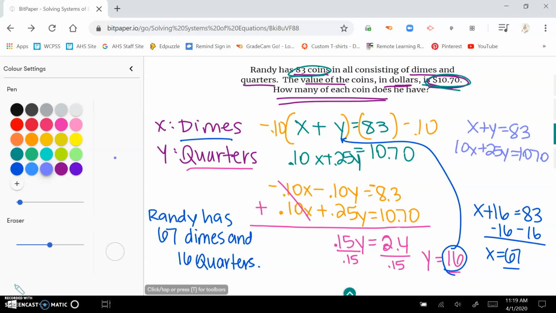You just need to make sure that you change everything. A lot of people forget to change that second total of $10.70. So they do 10x plus 25y equals $10.70, and that will not give you the right answer. So you do want to make sure to change all the things that need to change.